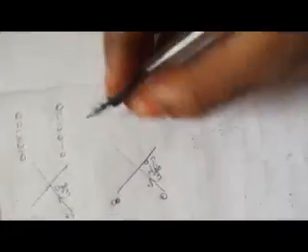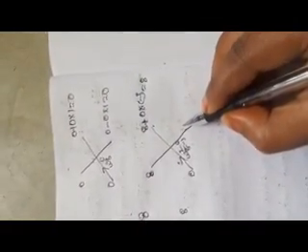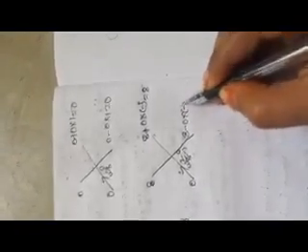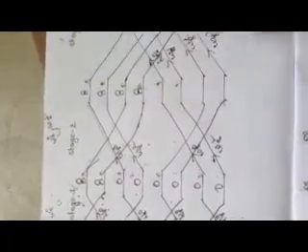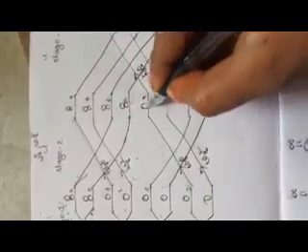So A plus B Wn of k: A is equal to 8 plus B is equal to 0, Wn of k value is minus j, so here we got 8. And at the second output of the second butterfly in the second stage, that is 8 minus 0 into minus j is 8. So outputs are 8, 8, 8, 8.